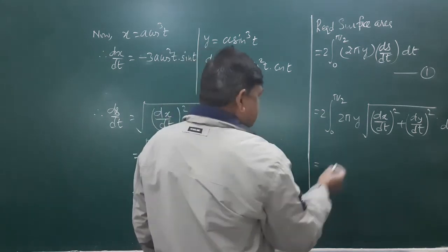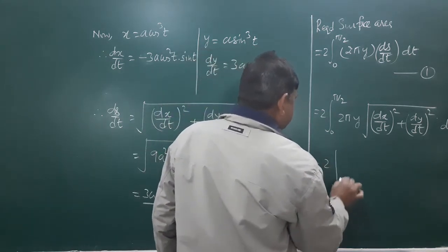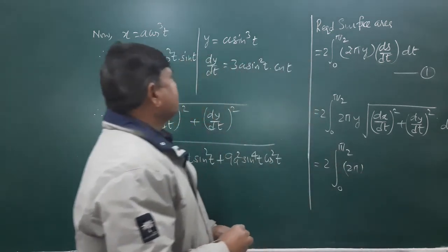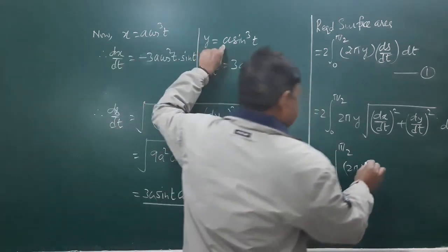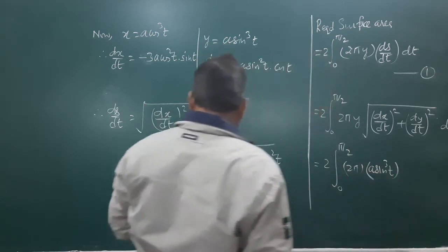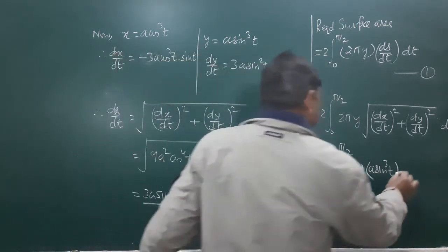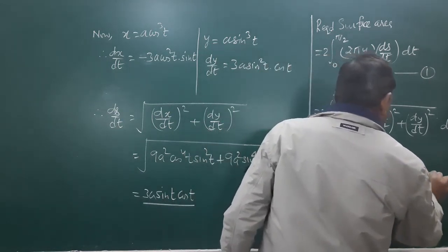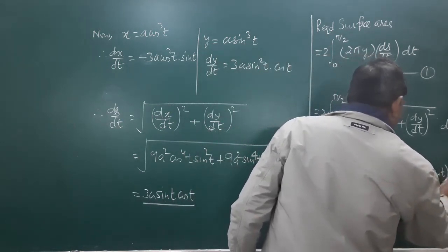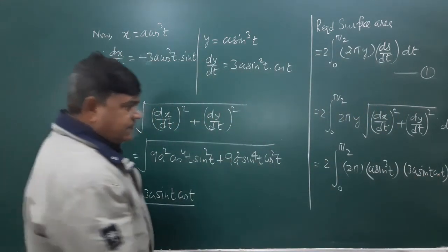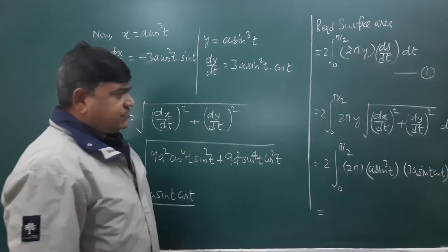So just substitute here. It is 2 times integral 0 to pi by 2, 2 pi, y is a sin cubed t, and this is 3a sin t cos t. Now this is the integration.